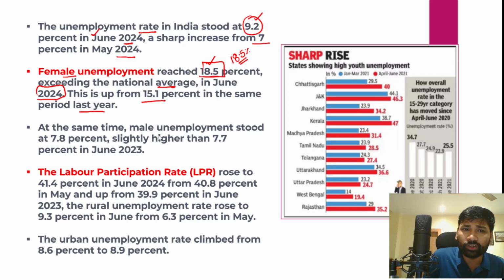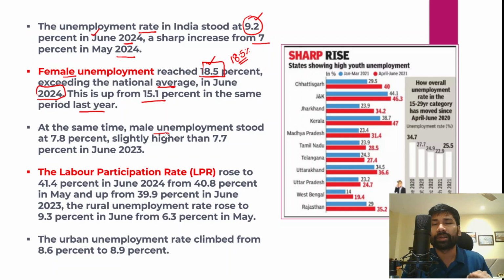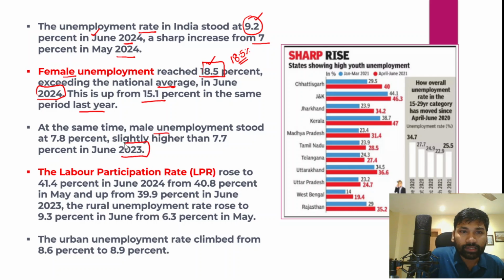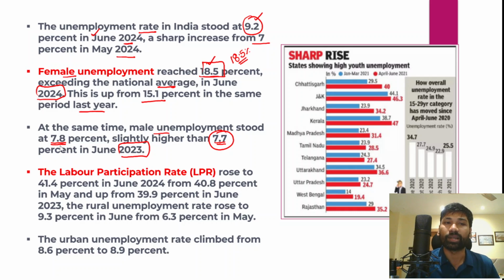At the same time, when you look at male unemployment, again there was a slight increase, because in June 2023 the male unemployment was 7.7%, but now it slightly increased to 7.8% as per this recent report. And after that, we need to talk about the labor force participation rate also.